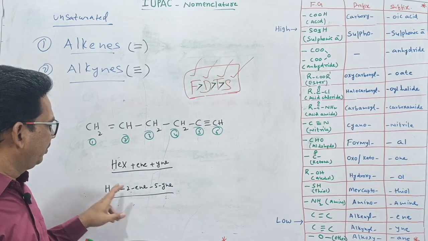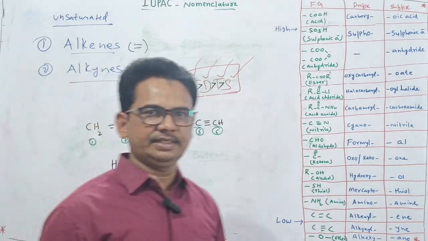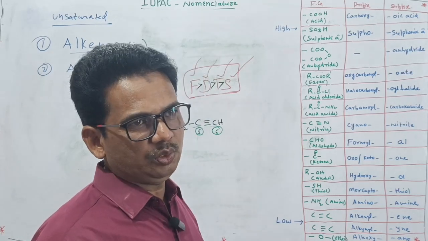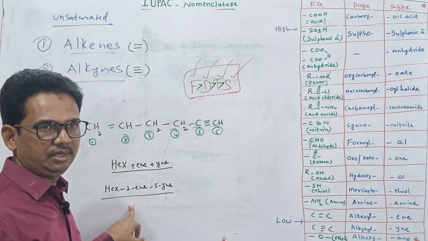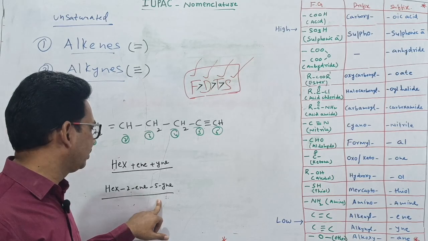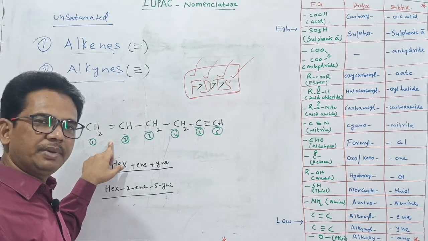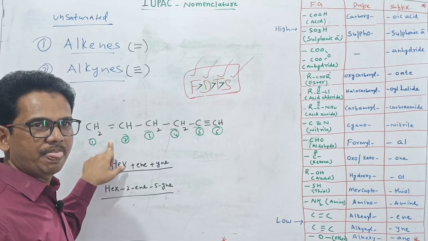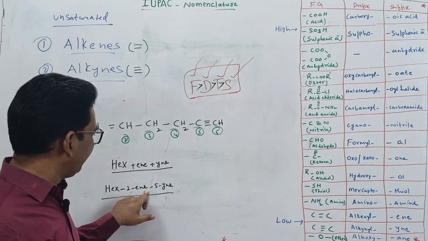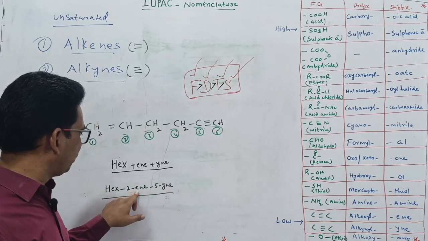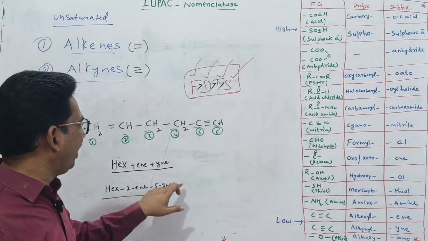Understand? We are not calling it hexene, because both the bonds are present in this case, double bond also, triple bond also. That's why we have to mention the location of the double bond as well as the triple bond. See, I already told you, priority is first given to the double bond. That's why first comes "en", then "yne", because in alphabetical order also E comes first, then Y comes next. That's why hex-1-en-5-yne.